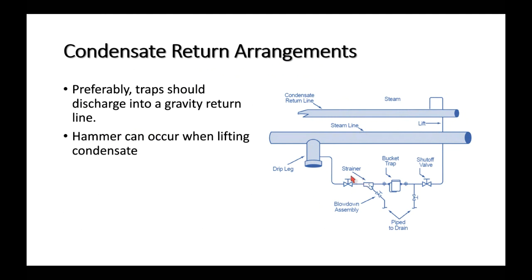But here's an interesting arrangement where we've got a steam line and a condensate return line that's situated above the steam line. The discharge from the steam trap goes up a particular height, and then it goes into the condensate return.